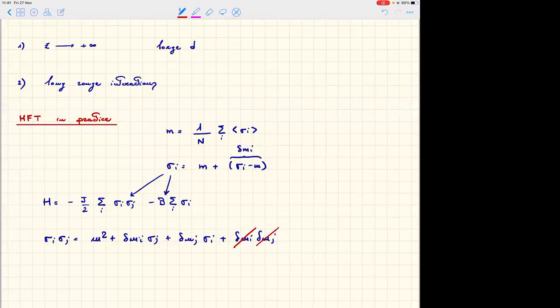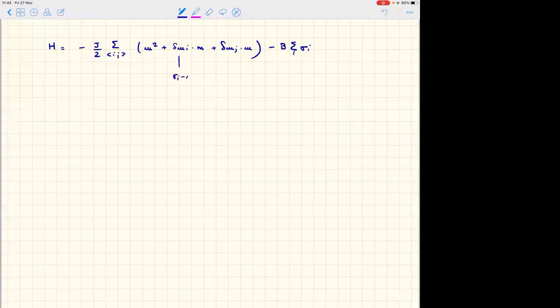So I will neglect this last term that is quadratic in the fluctuations, okay? Okay. Clear? All right, so now what I'm going to do is I'll take this, plug it in here, substitute and simplify as much as I can.